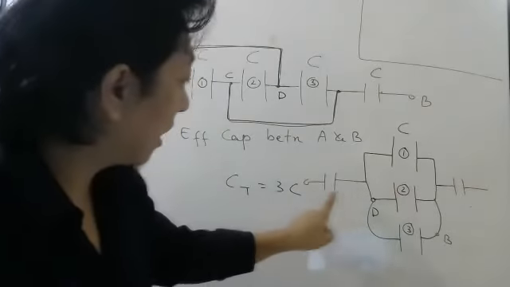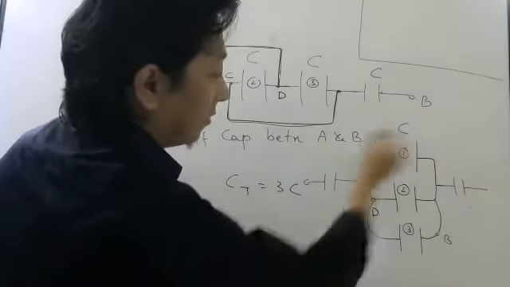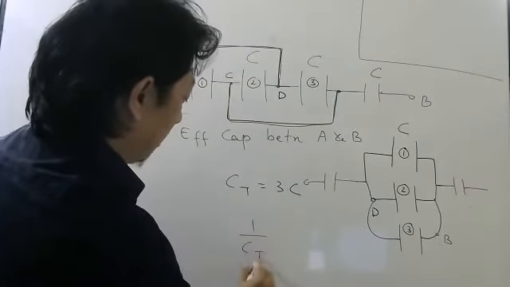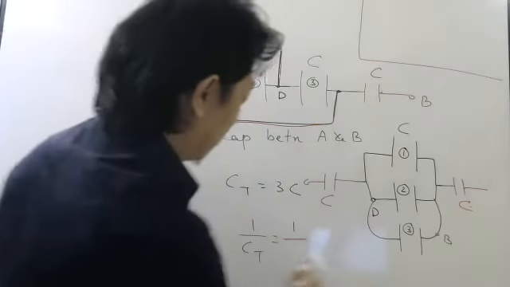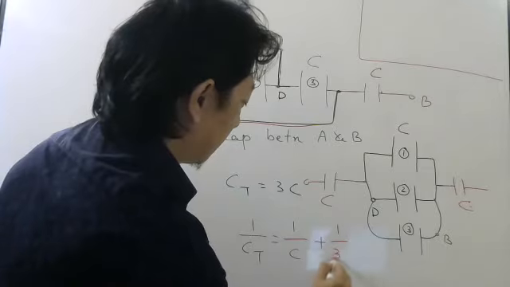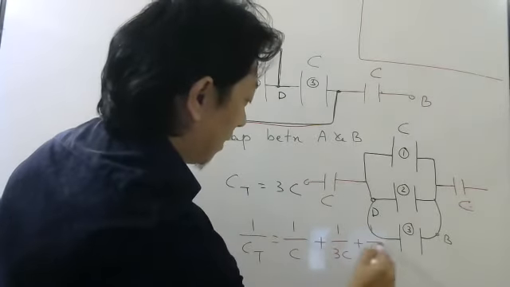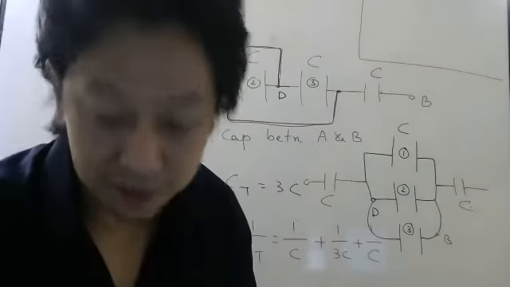Then 3C and C will be in series. For this diagram, the total will be 1 by C, this is also C, this is also C, plus this total 3C, and this is 1 by C. Like that you can solve any question that comes in the exam.